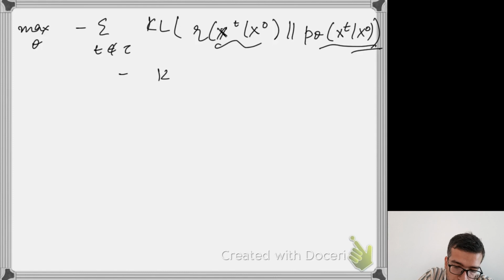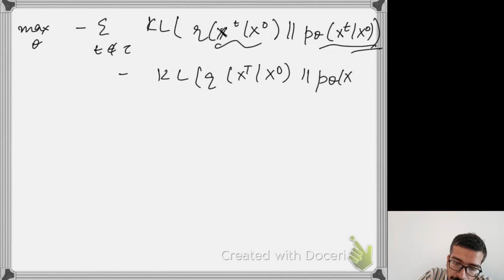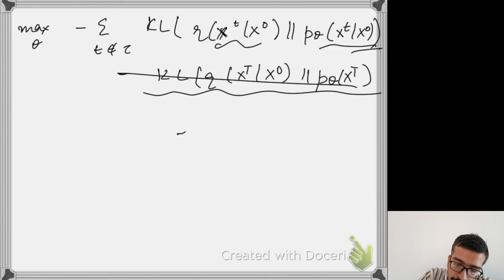So KL between q of x_T given x naught and p theta of x_T, similar to the earlier terms we had like this. So all these terms will go off to 0, including this one.